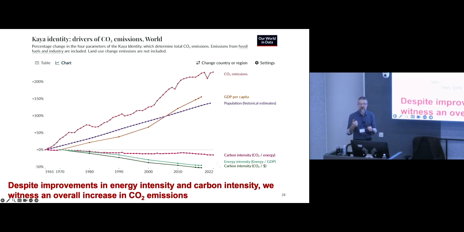That's good. It's a result of industry being more energy friendly, because we are moving away from a making industry to a service industry. So in a sense, that's a good thing. And then carbon intensity, the amount of CO2 that we are emitting into the atmosphere per unit of energy that we're consuming, is also going down. It's going down slowly, but it's going down, which is a good thing.